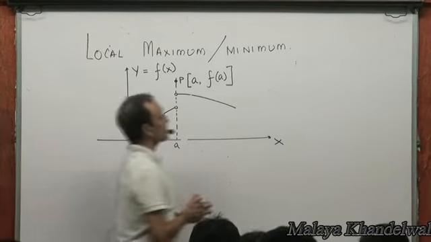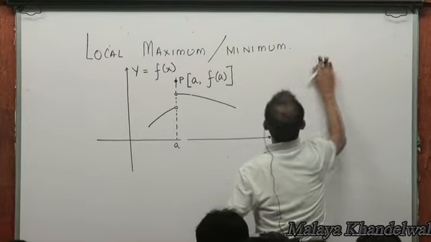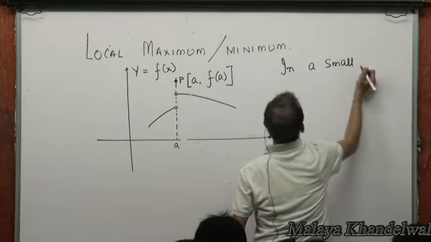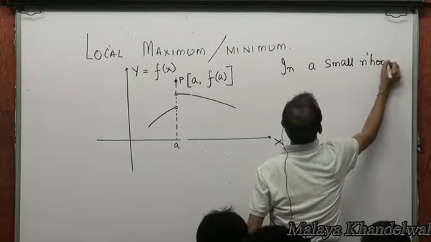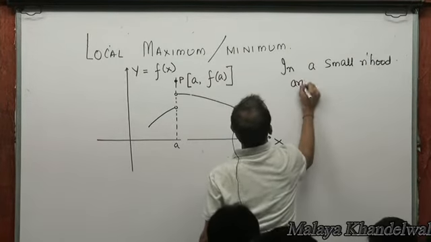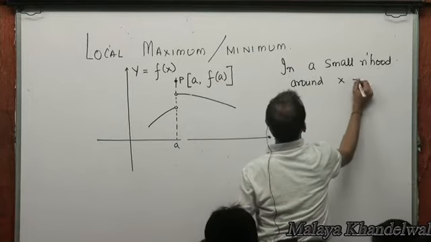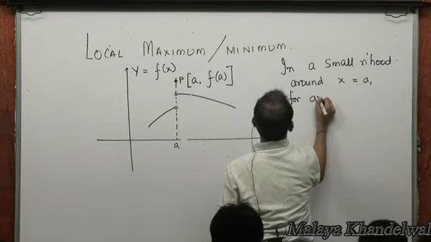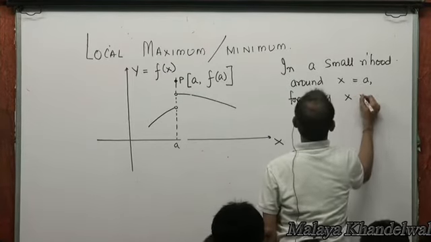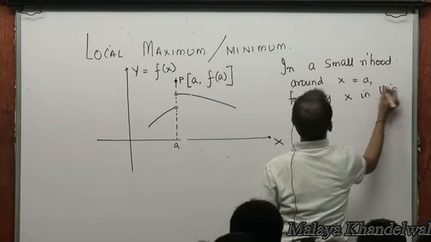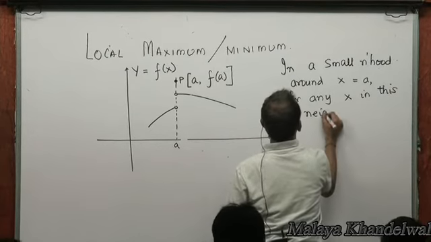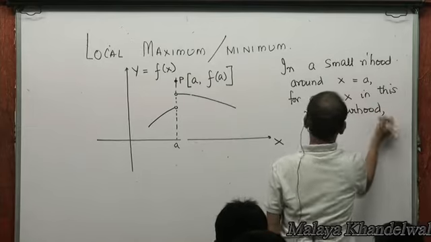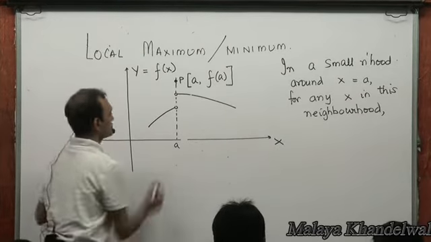Now in this case, in a small neighborhood surrounding x equal to a, for any x in this neighborhood, you select an x here.